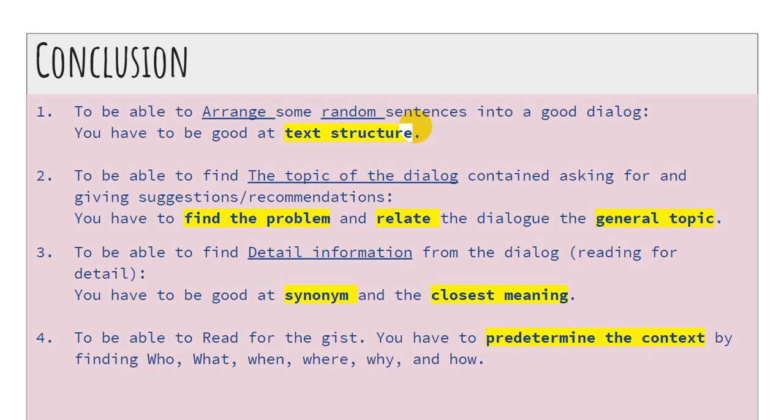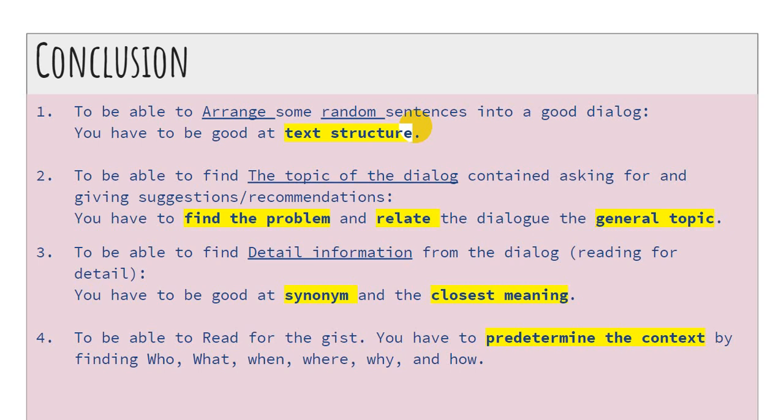The next one is you have to be able to find the topic of the dialogue. How to find the topic? It means you have to find the main problem, and then relate that with the more general topic.